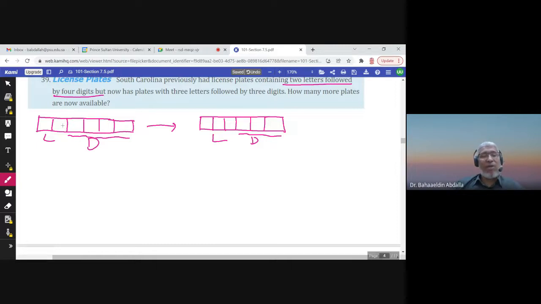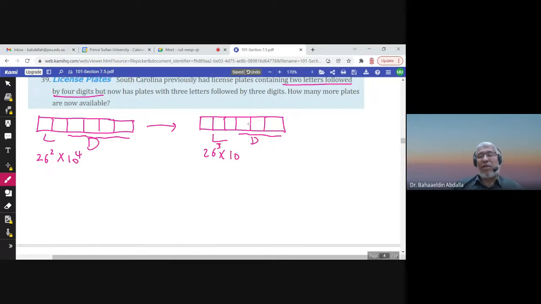Okay. How many possible plates are there in the old system? Well, two letters. Choose a letter in the first place, 26 possibilities. Another letter, 26, and four digits. So 10 times 10, 4 times. But here, three letters. So 26 in the first position, 26 in the second, in the third, and then three digits.